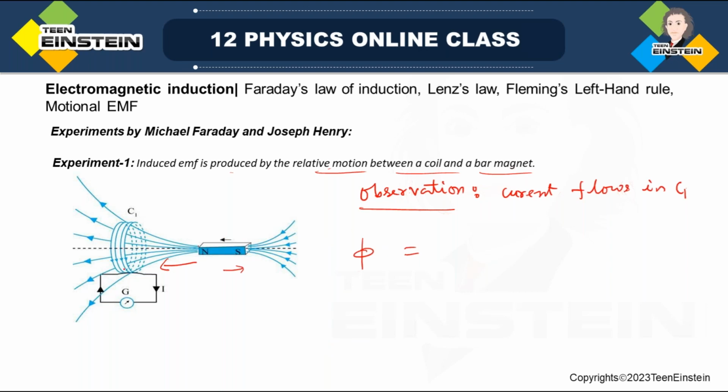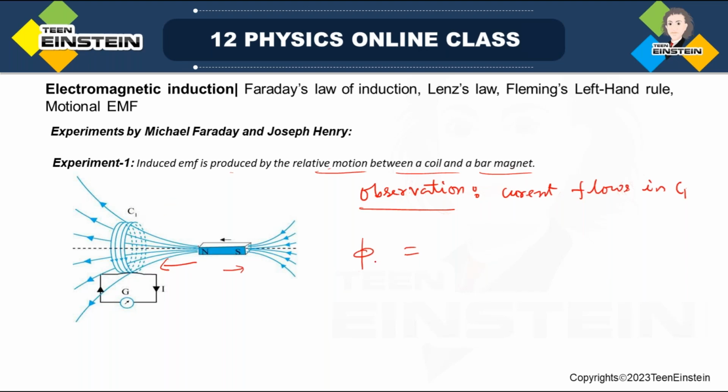In this case also, when a bar magnet is pushed towards the coil C1, the flux linked with the coil actually changes. Suppose very far away there were 5 field lines crossing. When you bring it towards the C1 coil, 5 to 7, 7 to 10, maybe 20, or maybe 100 lines will be passing through this C1 coil.